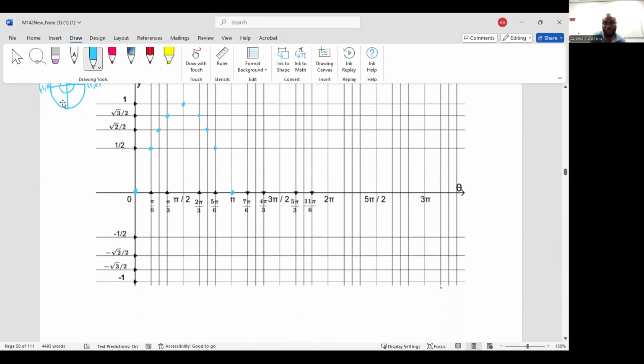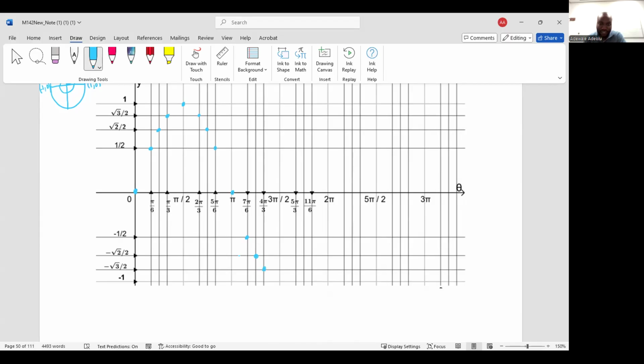Now, let us go to the third quadrant. For 7 pi over 6, that is when our angle is 210 degrees, it is -1/2. Here it is -root 2 over 2. For 4 pi over 3, we have -root 3 over 2.